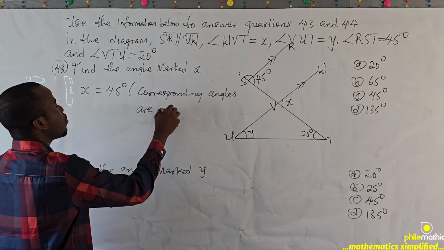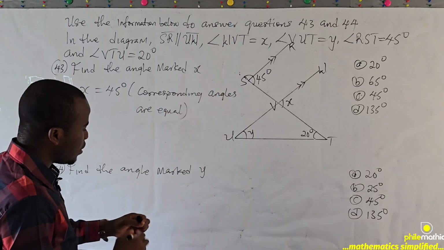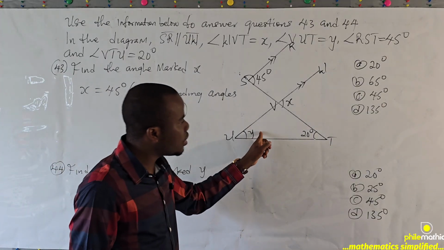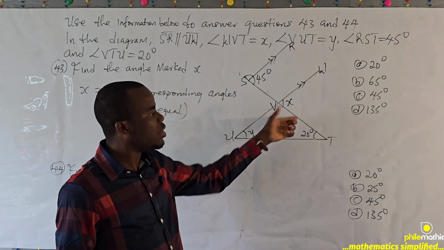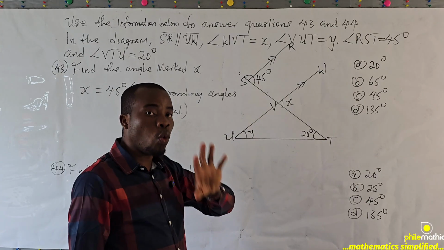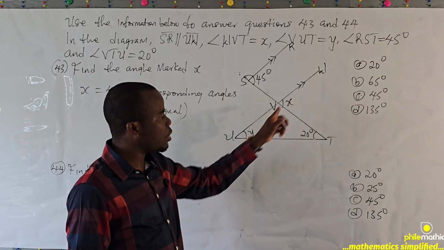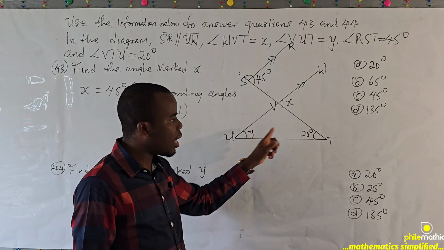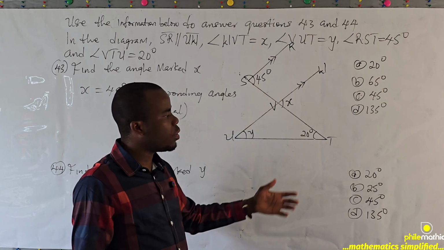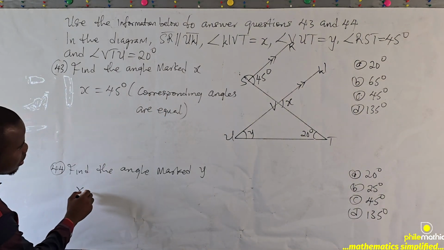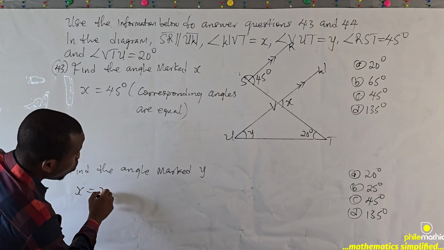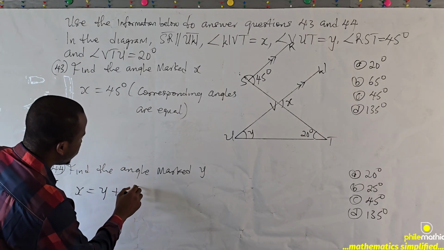are equal. To find the value of Y, which is this, we have this exterior angle of this triangle. We know that this angle is the sum of this angle and this angle. That's the relationship we use to get it. So X is equal to Y plus 20 degrees.